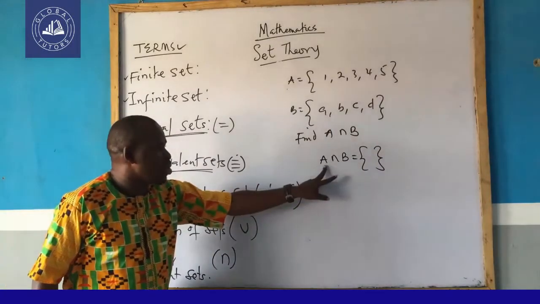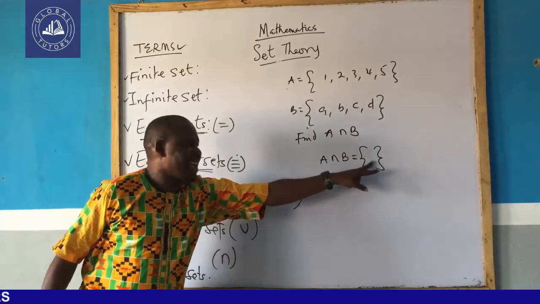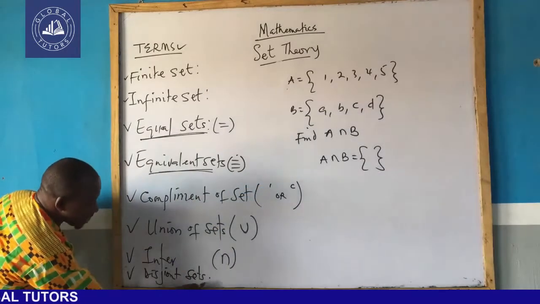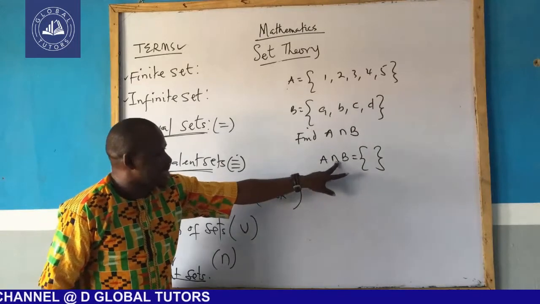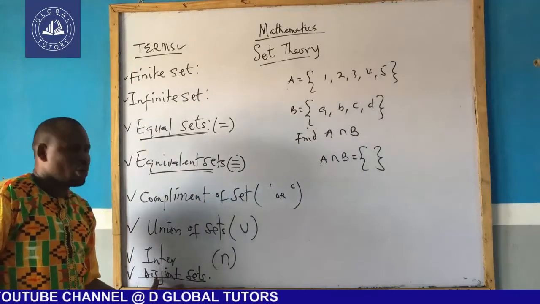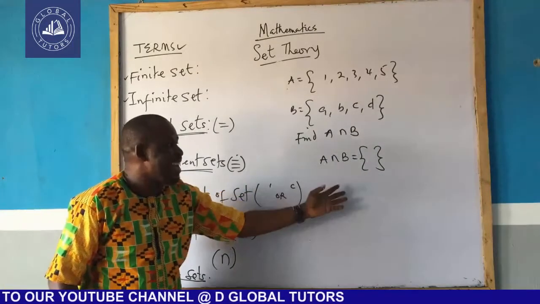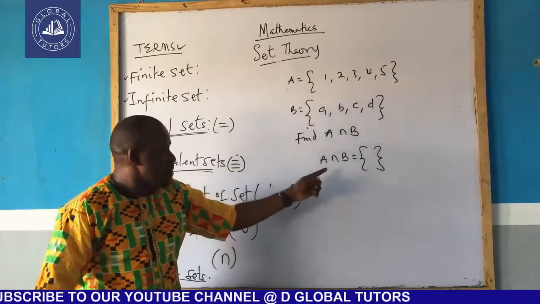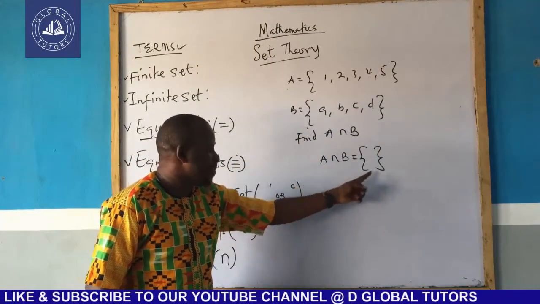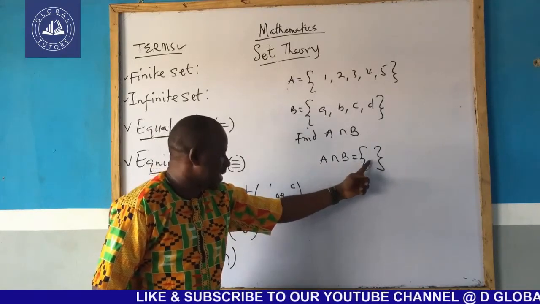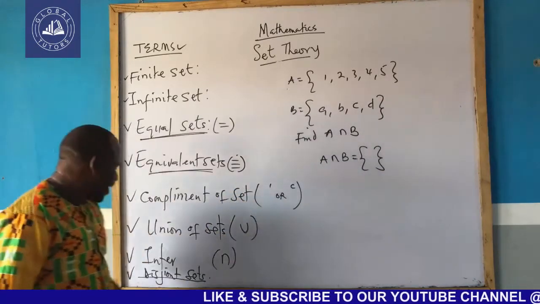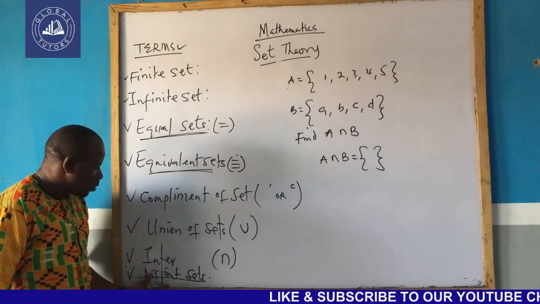Anytime the intersection between two or more sets is an empty set, the sets are disjoint. So it means set A and set B are disjoint. They don't have any elements in common, meaning the intersection between them is an empty set. Anytime the intersection between sets is an empty set, the term used for it in set theory is called disjoint sets.